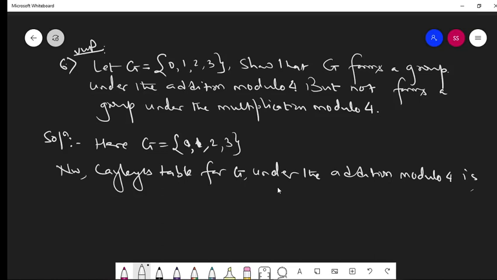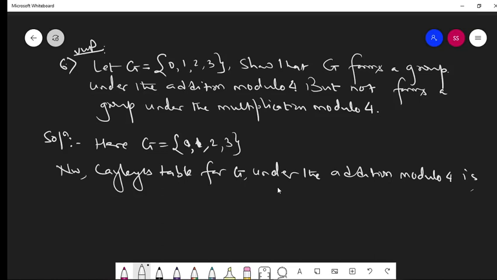Now, moving to the second property, that is, the associative axiom. We can take any three elements.